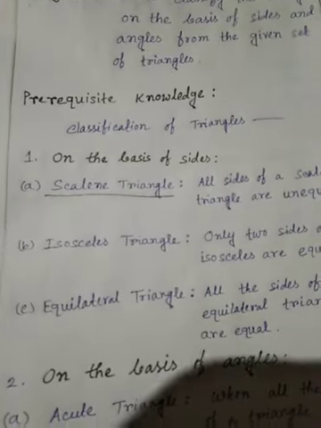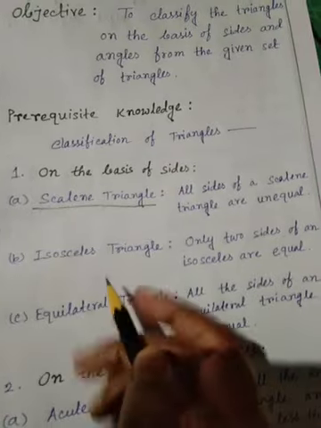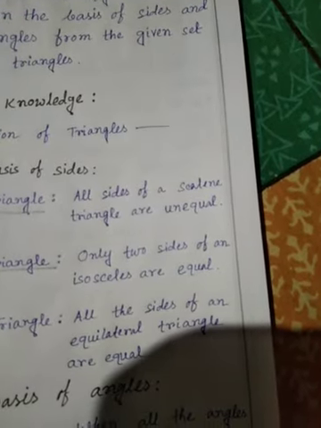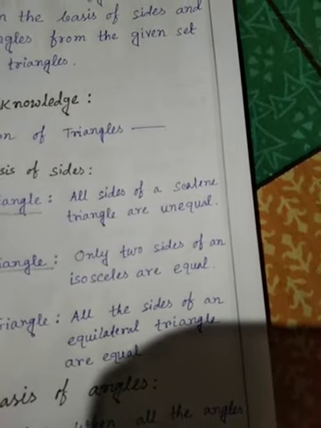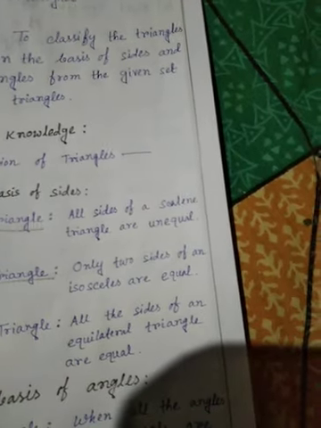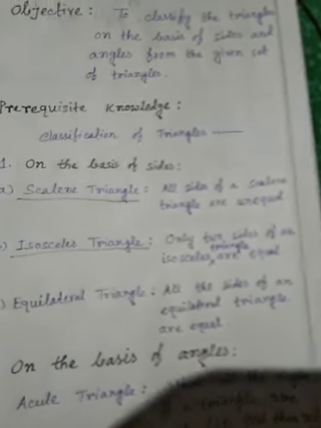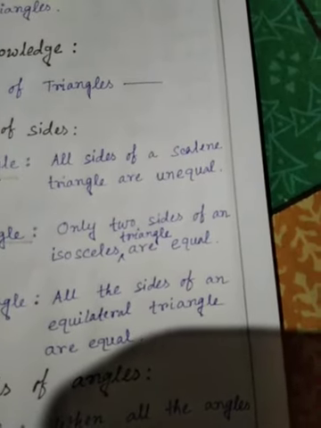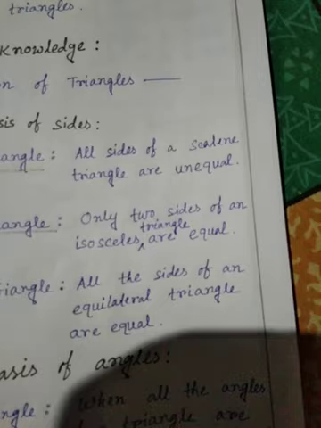Now second one, isosceles triangle. For an isosceles triangle only two sides are equal.